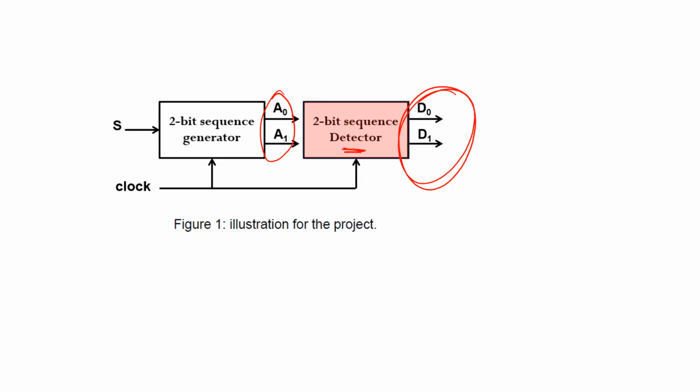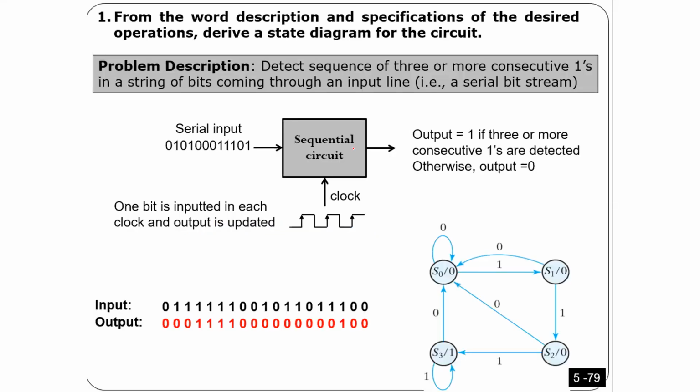I encourage you, before you try this part of the project, to fully understand this slide. You already have recorded videos where I explained it. In this slide, I'm explaining a sequence detector, but we have only one input here.